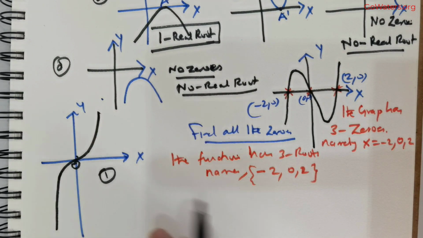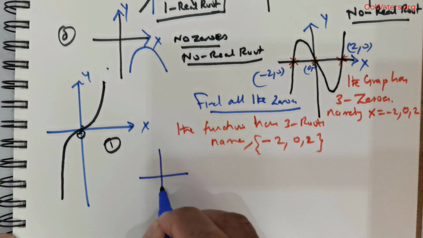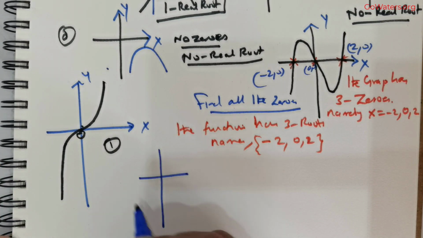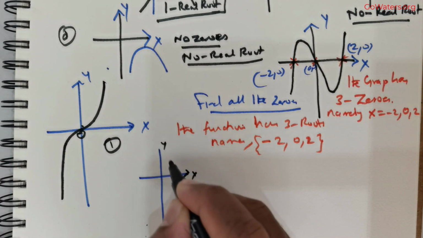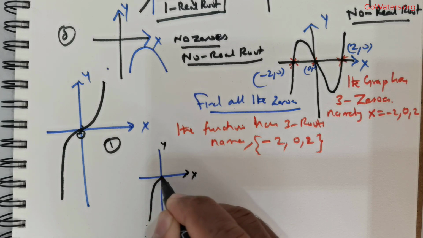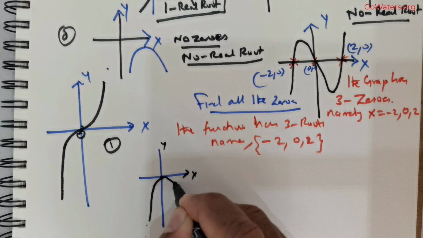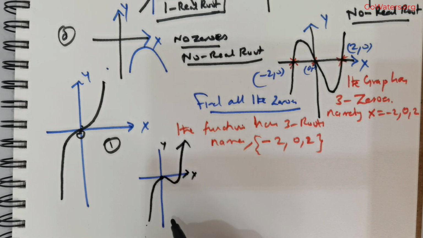Let me give you one more. This is the x-axis, y-axis. The graph is coming like this. It hits here. After hitting 0, it comes down and moves. This is a lovely graph, right? It hits 0 and it comes down and then it moves up.